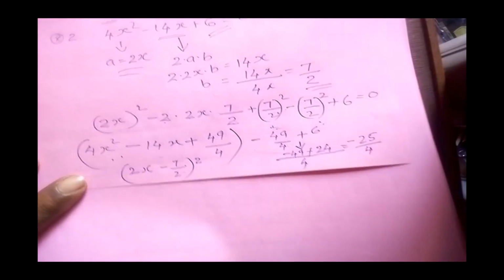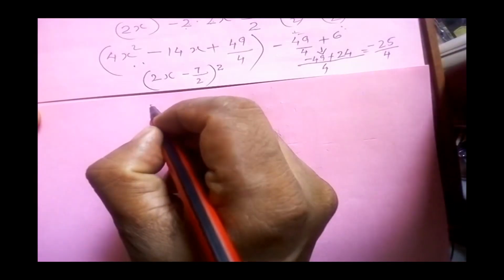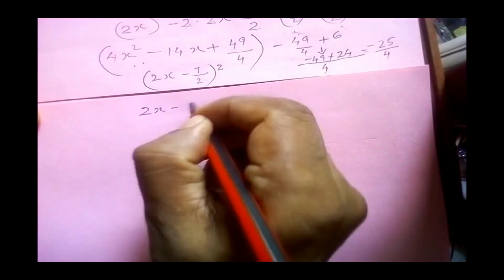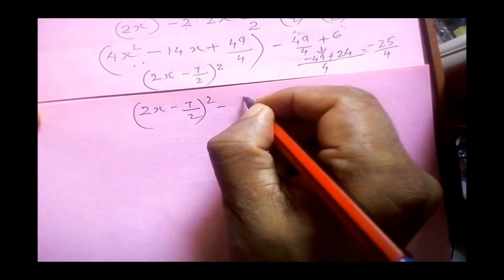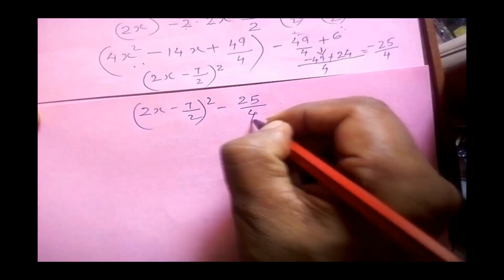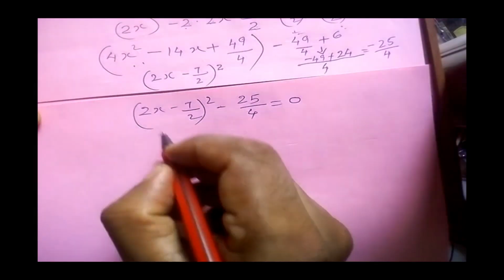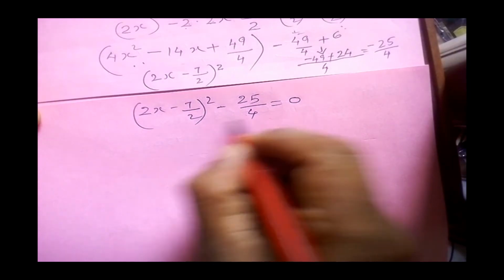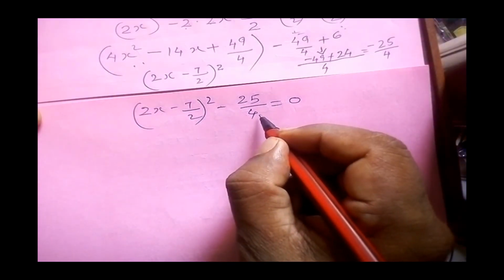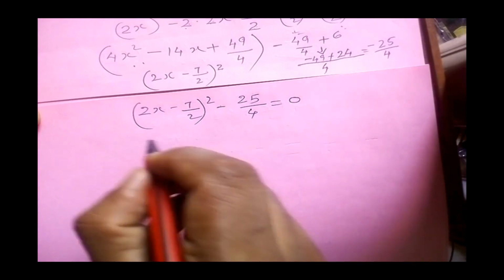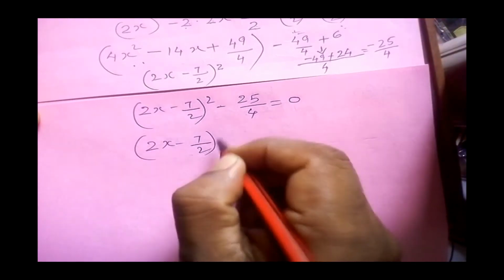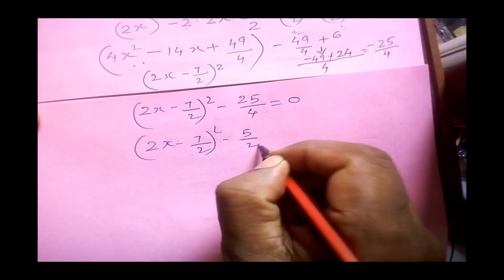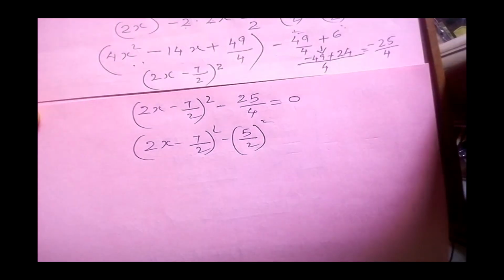Okay. Now this equation has become 2x minus 7 by 2 the whole square minus 25 by 4 equal to 0. Agree? Again, this 25 by 4 can be written as 5 by 2 the whole square. So 2x minus 7 by 2 the whole square minus 5 by 2 the whole square.